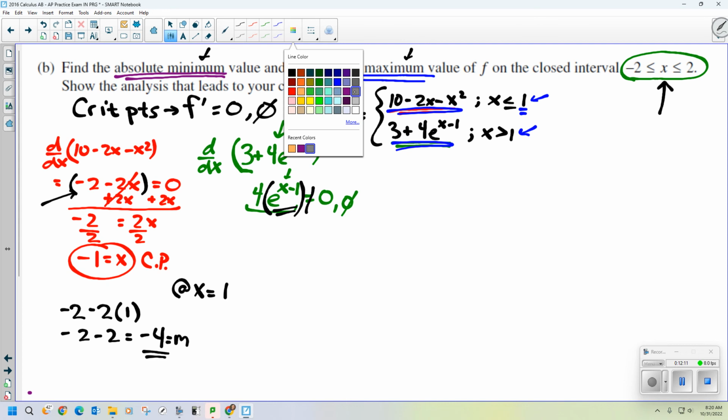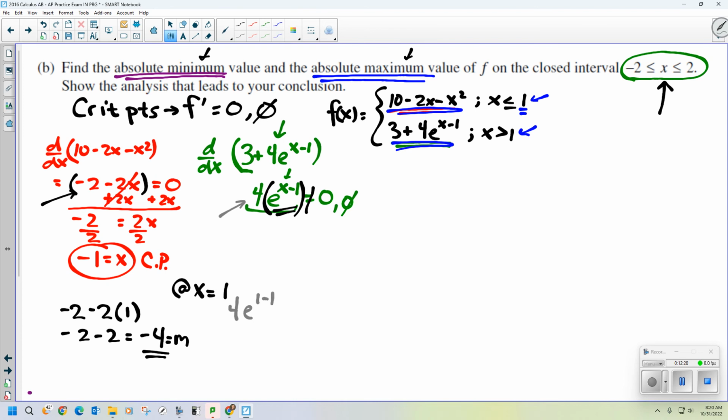The slope from the right, I'm going to take this right here: 4e to the x minus 1, which means that's 4e to the 0, which is just 4 times 1. That's a +4.